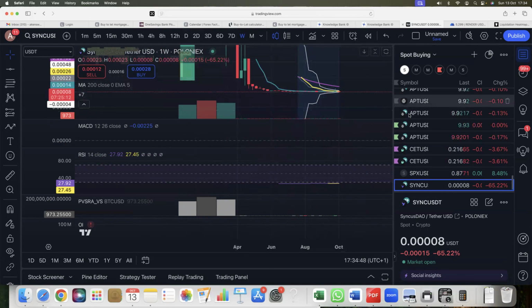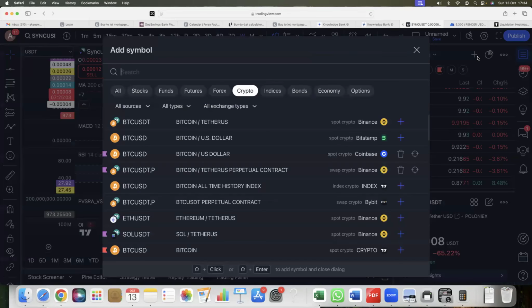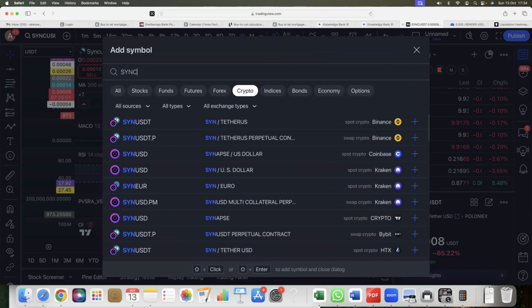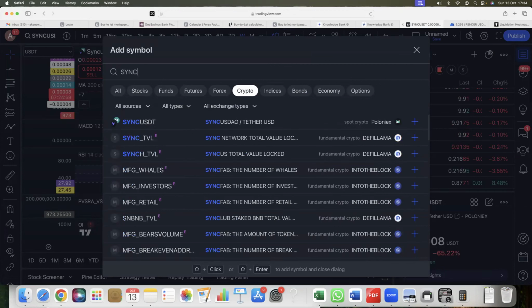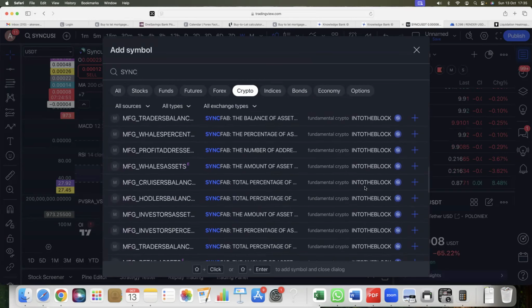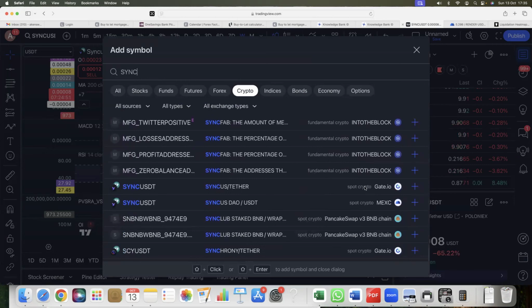But I don't think it's this chart. There's another one, maybe it's rebranded. Or was it just CETUS, what? CETUS Sync. It was Sync, I think that was the name for it, wasn't it? Is it this one?